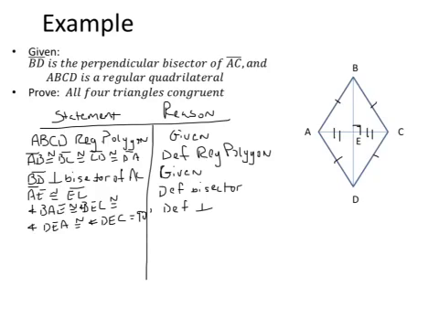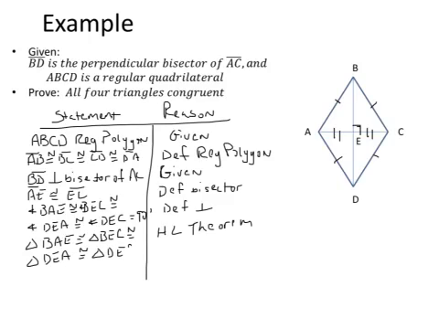Okay, so now we have a hypotenuse and a congruent leg in a right triangle in all four of those triangles. And so by the HL theorem, triangle BAE is congruent to triangle BEC, which is also congruent to triangle DEA, which is congruent to triangle DEC.